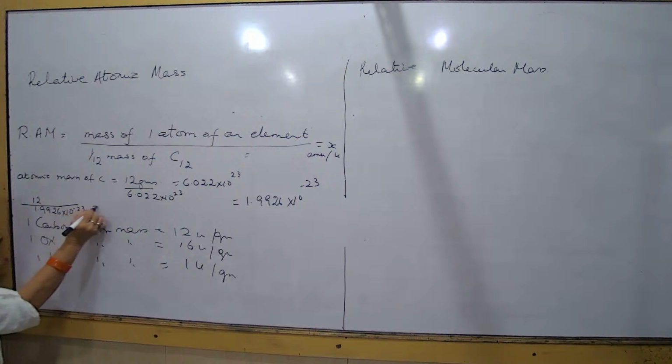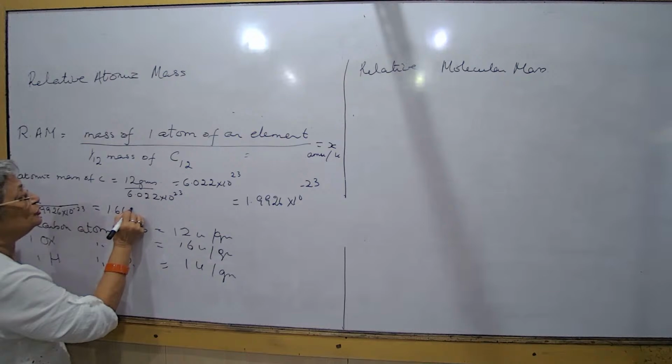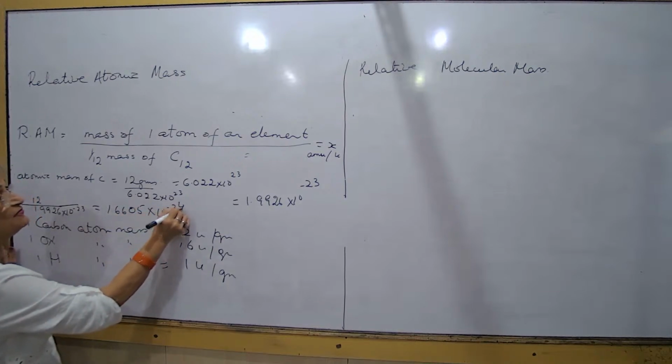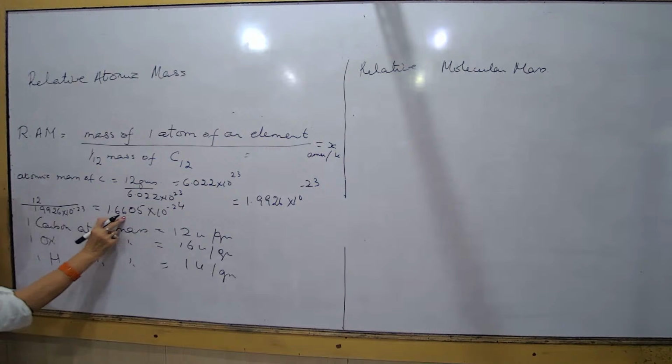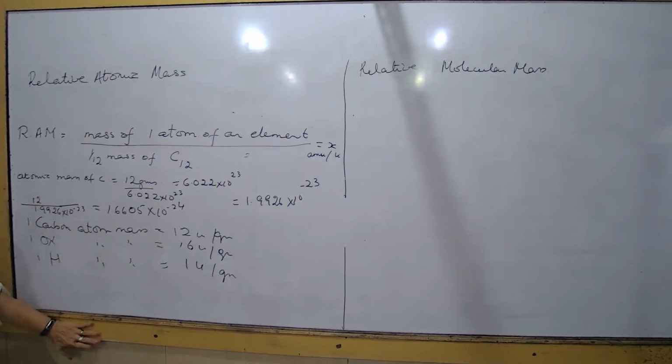When you divide this, you get 1.6605 into 10 raised to minus 24. This is the value of U in the case of carbon.